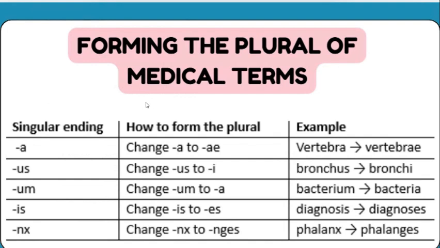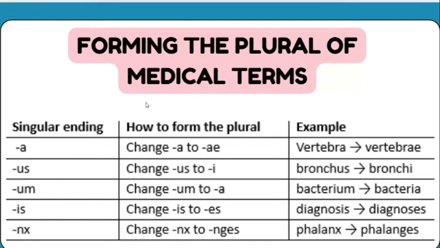We have words ending with x, which can be changed into ges as a plural form. We have the word phalanx, which becomes phalanges. In some cases, we have words that end in o, and we can add s to them, especially words that are preceded by vowels. We have ratio, which becomes ratios.